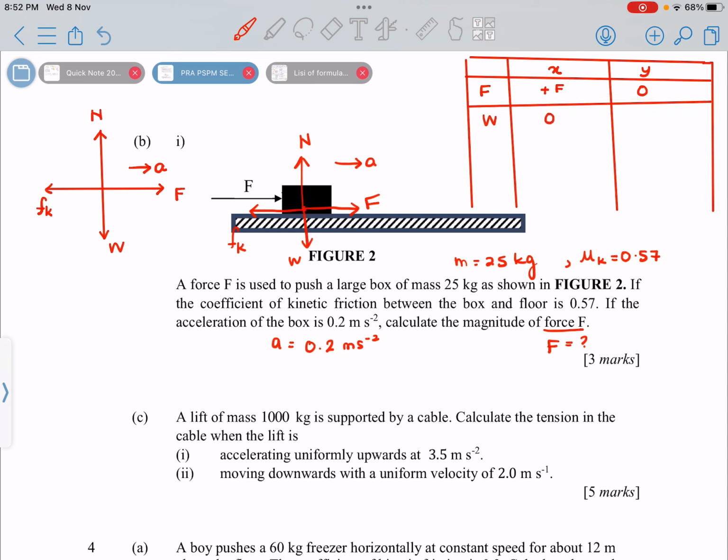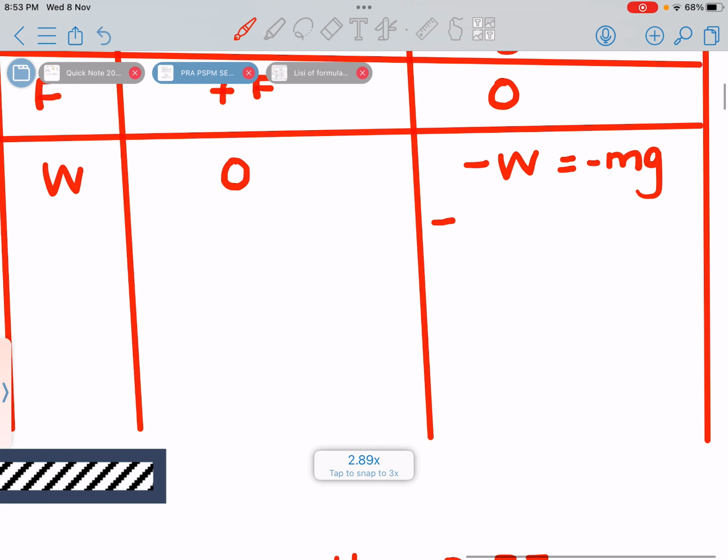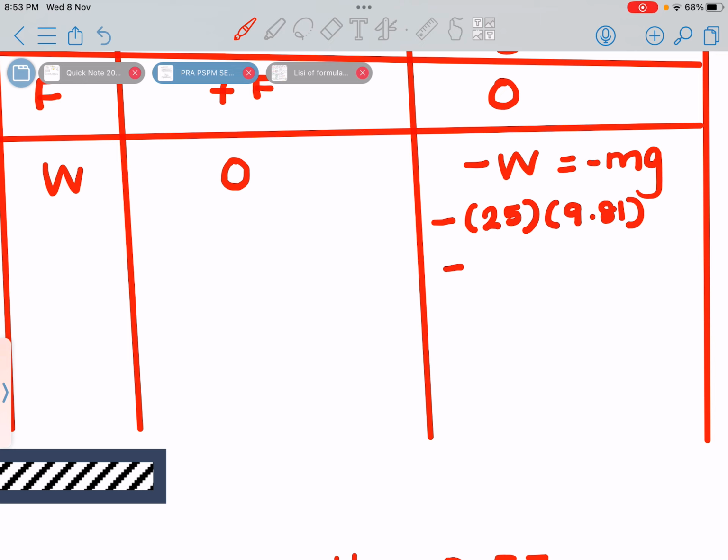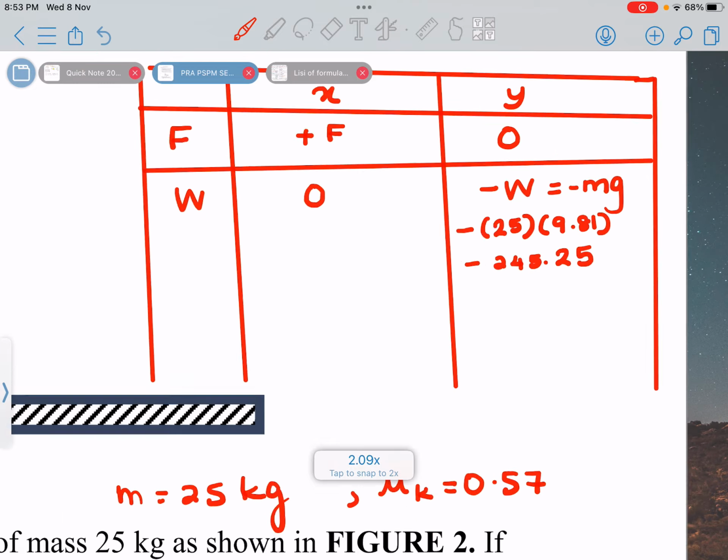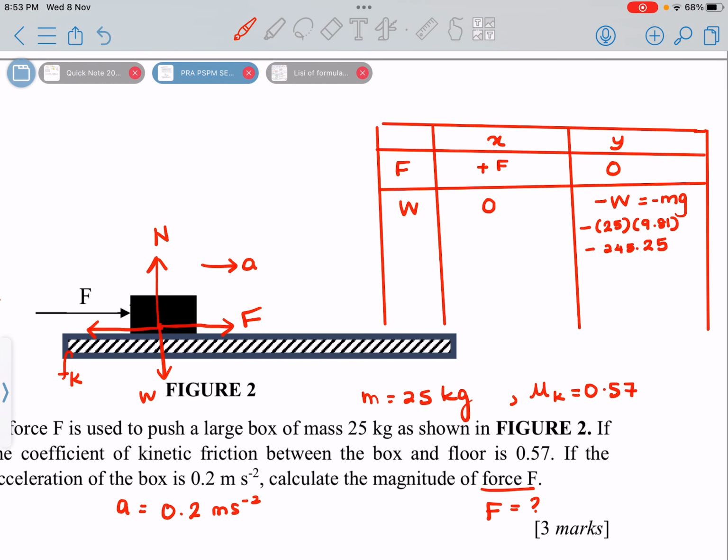So 0 dekat X, so negative W, ataupun negatif mg, ataupun negatif 25 darab 9.81. So your answer would be 25 darab 9.81, negatif 245.25. Okay, so that's our weight.